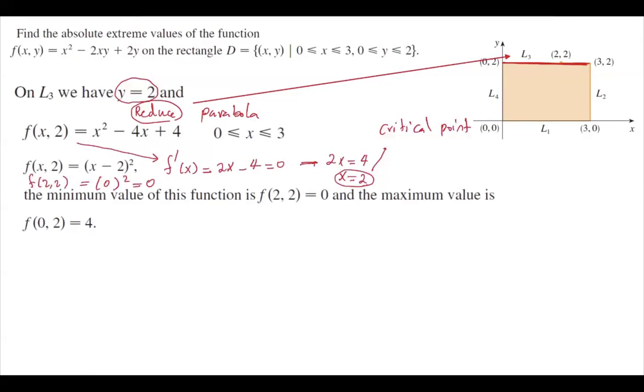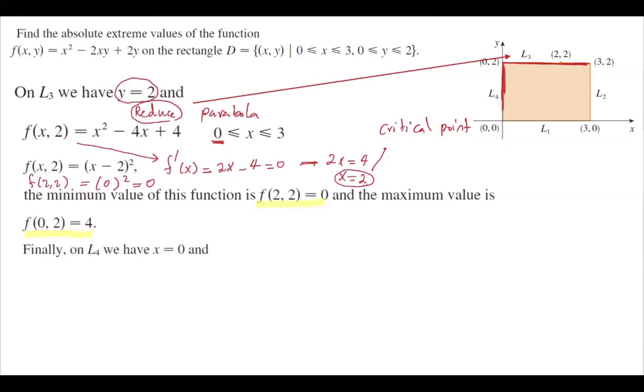And the maximum value of the function, here you have 0 as the initial point. When you plug in 0 here, your function f becomes 4. So you found 2 more z values. Here we go, 0 and 4. From the previous slide, the maximum value was 9, the minimum value was 0. Okay, so let us move on to the last line segment, which is L4.